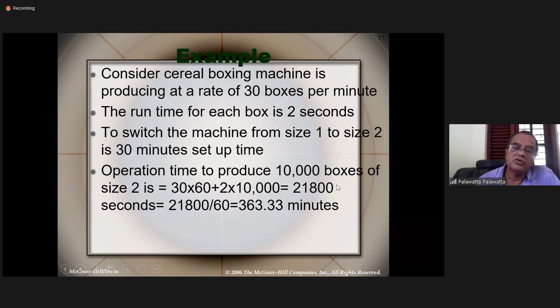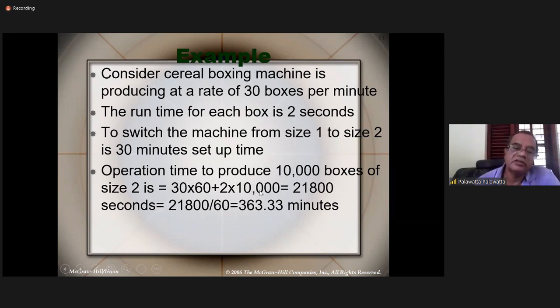So the total time is 21,800 seconds, that is 363.33 minutes. So the operation time is 363.33 minutes.